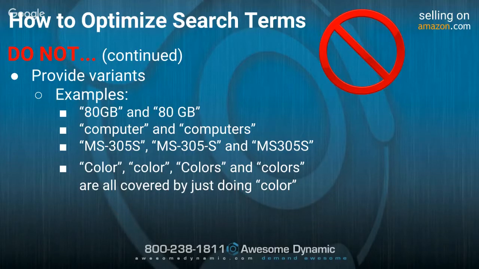Those do not count as variants, and it has been tested with our company to show that those are not included with Amazon's back-end code to figure everything out. So those are ones you would definitely want to include in your keyword bank if you sell something where the ending gets spelled quite drastically different.